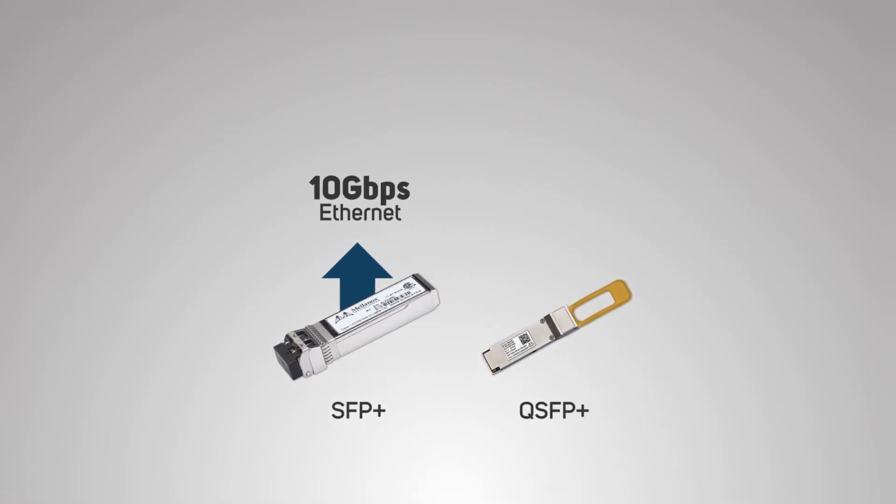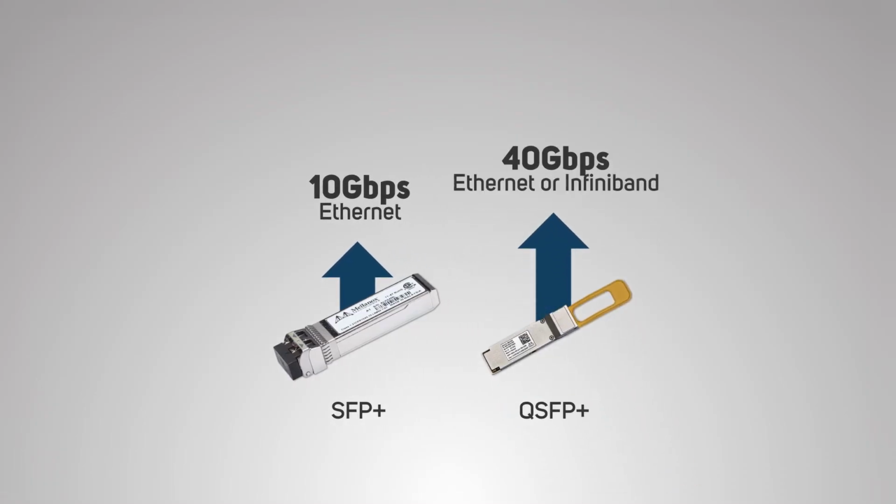QSFP transceivers are 4-channel versions of SFPs and are available like SFPs in a number of versions. Rather than being limited to one connectivity medium, QSFPs can transmit Ethernet or InfiniBand. The original QSFP transceiver specified 4 channels carrying 1 gigabit per second Ethernet or 5 gigabits per second InfiniBand.